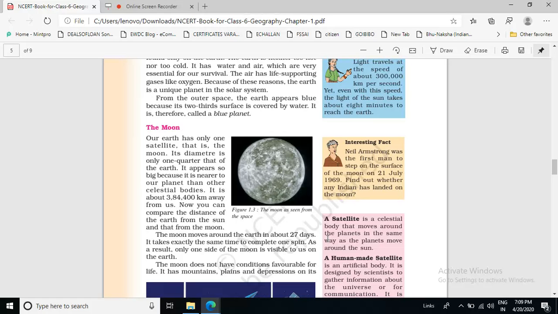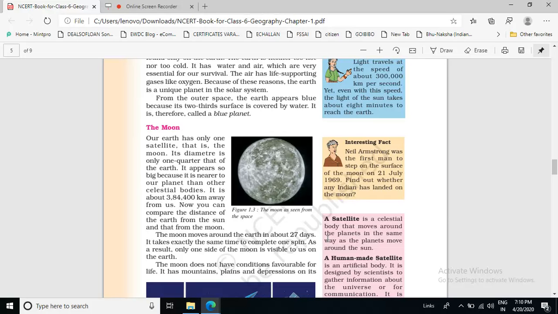You know how many lakhs in 1 million? There are 10 lakhs in 1 million. So 150 million kilometers away. It means that the sun is far, far, far away from the earth, and the moon is not that far away from the earth, and that is the reason that the moon appears bigger to us.